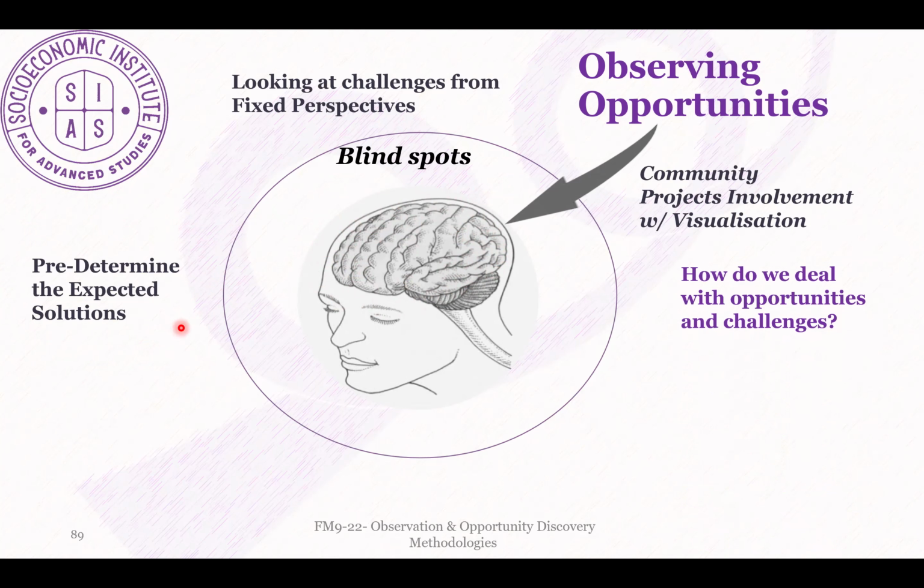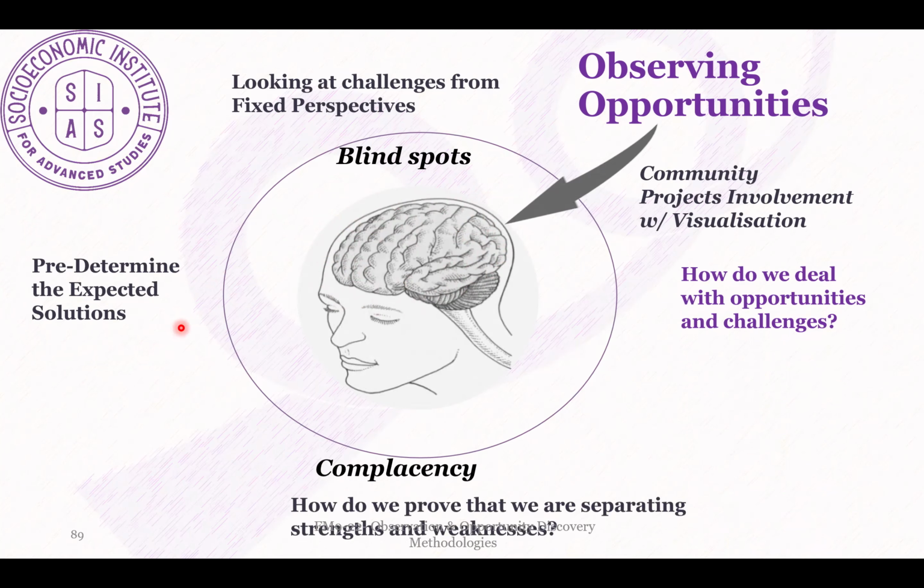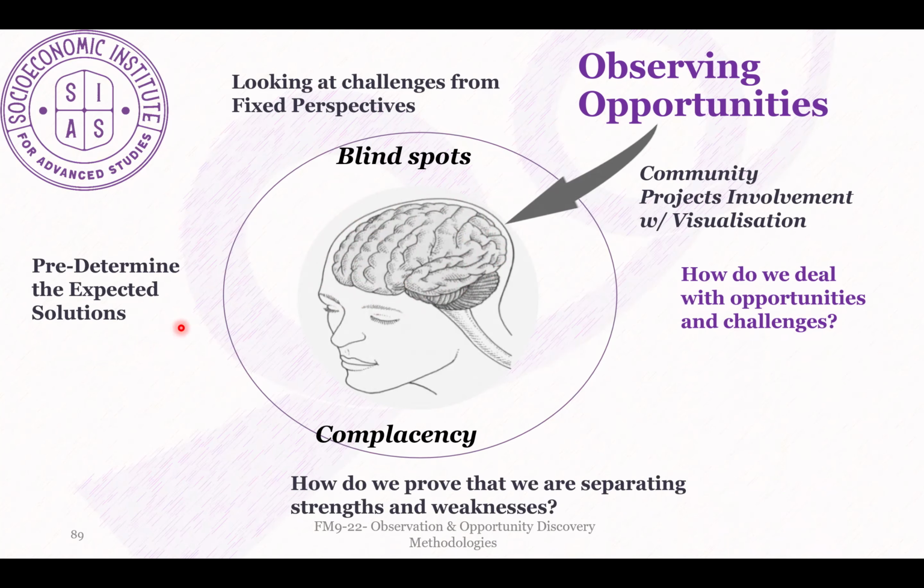One of the things also when we observe is that we should think about how we deal with opportunities and challenges, without complacency, without being reluctant to find a solution. How do we, for example, prove that we are not separating strengths and weaknesses?